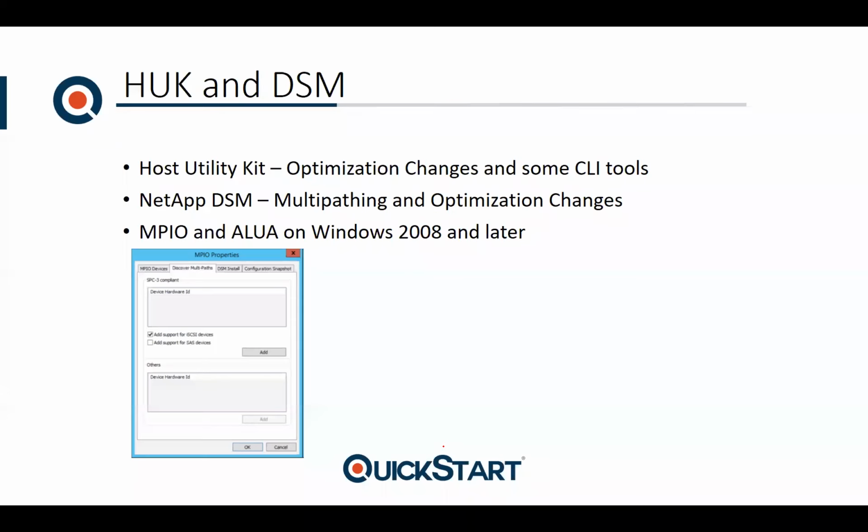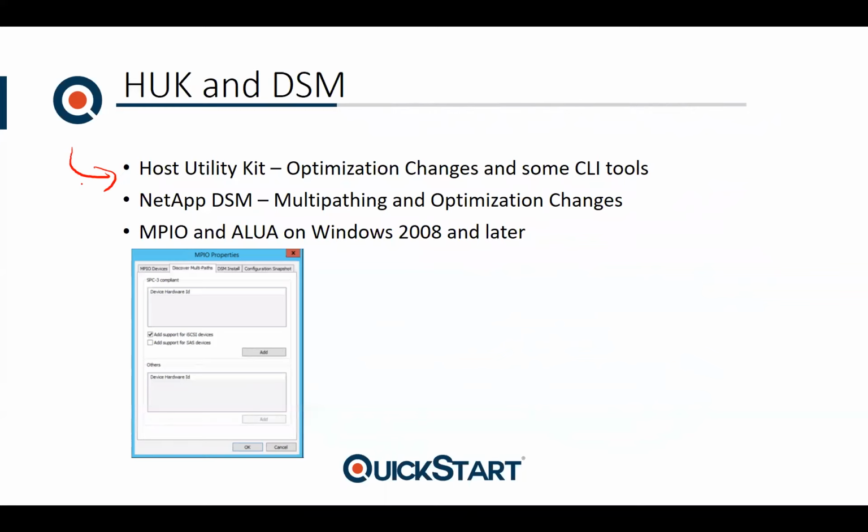And along those lines, there are a few other tools that are very, very helpful to install on the initiators. Now, to a certain extent, it depends upon what the operating system of the initiator is. But since we were talking Windows, yay, we don't have to go into all those details. But one thing that I do want to make sure that you understand is there is a tool called the Host Utility Kit.